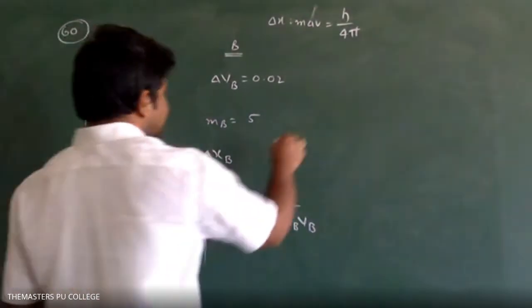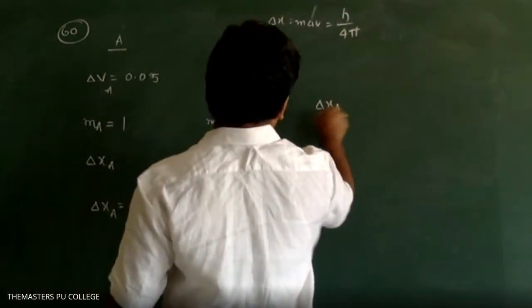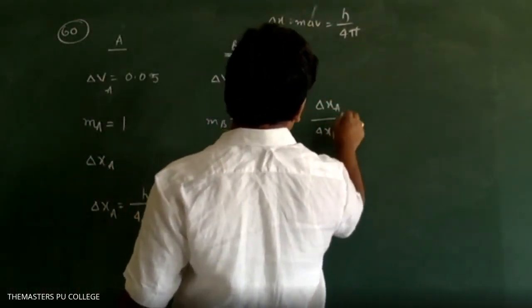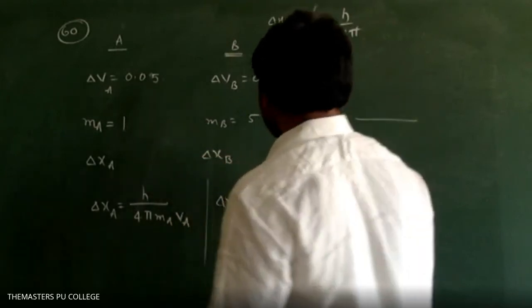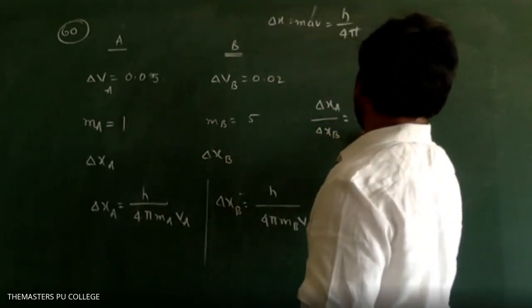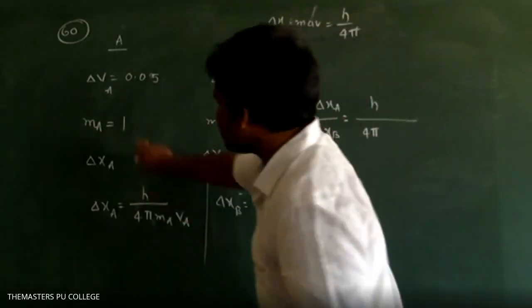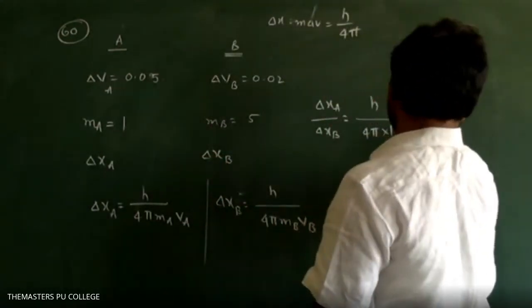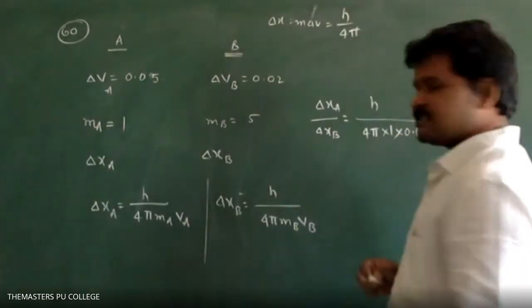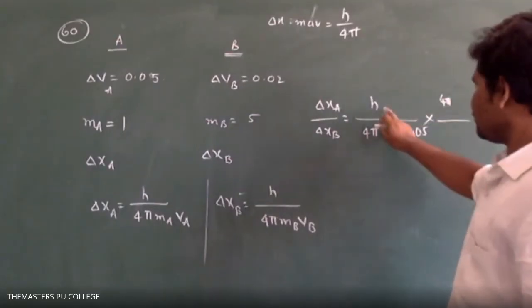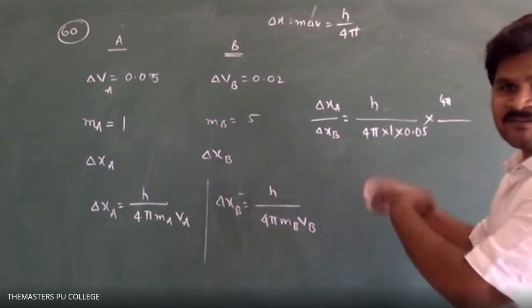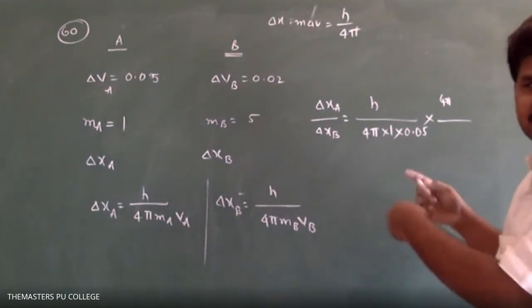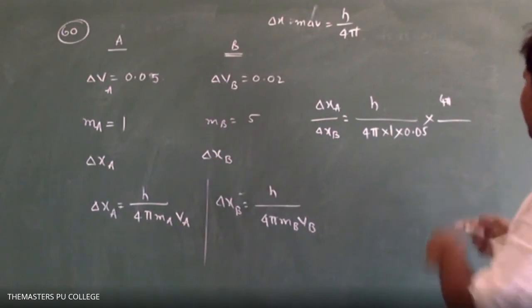Now the ratio delta XA by delta XB is asked. H by 4 pi MA, which is 1, VA is 0.05. Next, 4 pi simplifies.